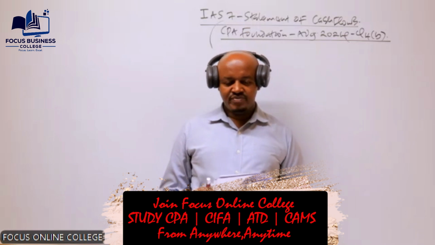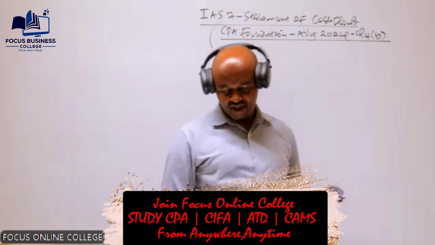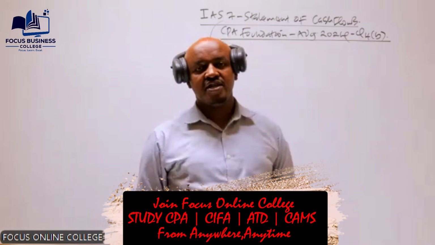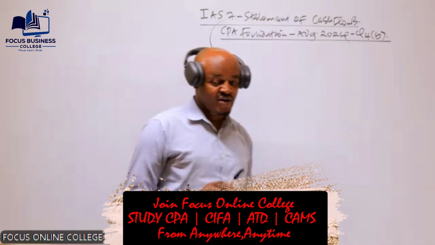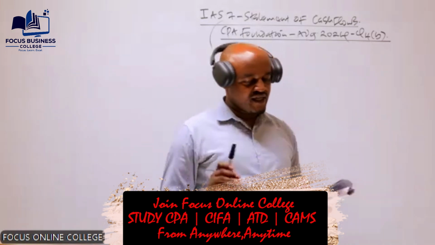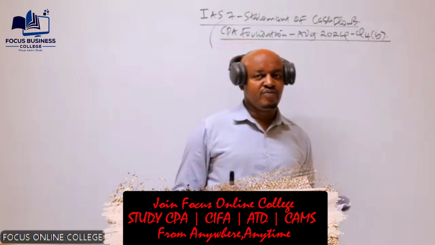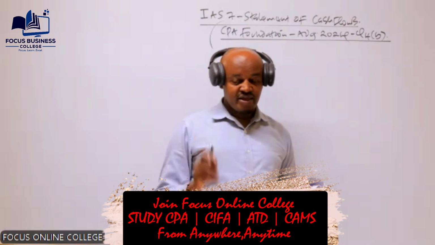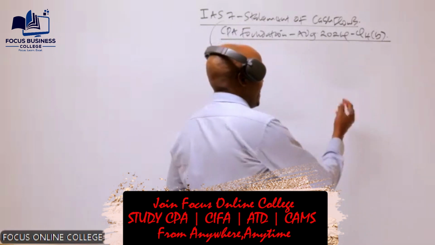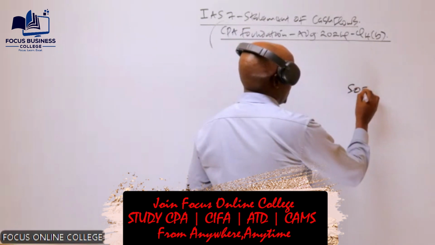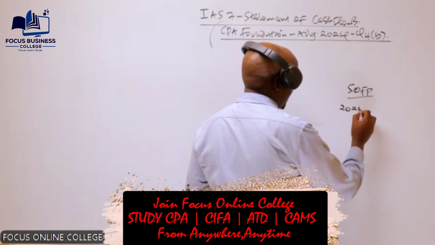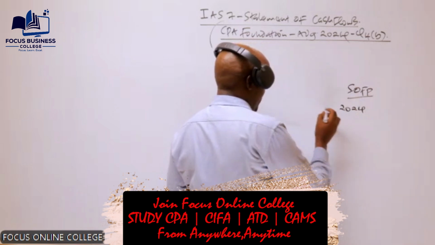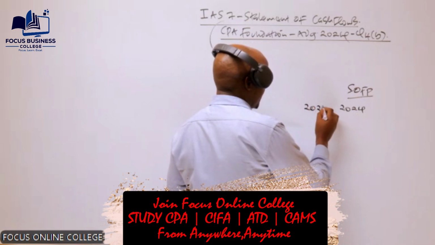We are given the statement of financial position for 2 years, 2023 and 2024. It is important to note that anytime you come across a cash flow question, the examiner will always give you the statement of profit or loss for the current year. And for the statement of financial position, that is the balance sheet, you'll be given the current year, for example 2024, and the previous year.